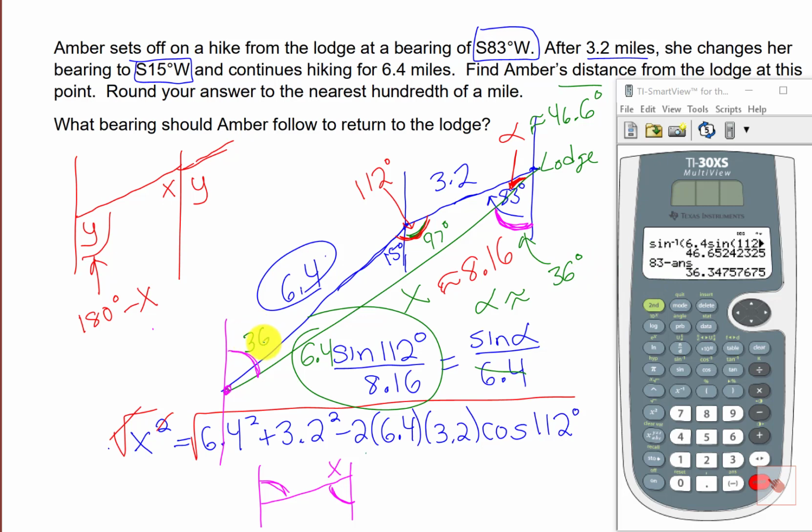Well, that's the same size as this bearing angle right here. So how do I write the bearing? I measure off from north, I swing around this direction, which is to the east, by 36 degrees. Now in the computer you won't be entering that degree symbol, but you'll put N36E.